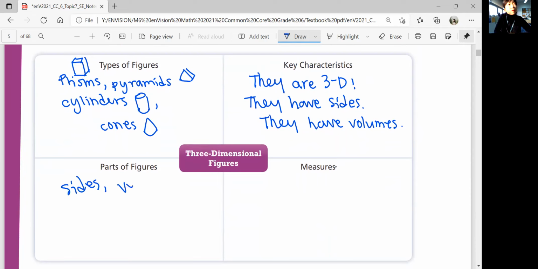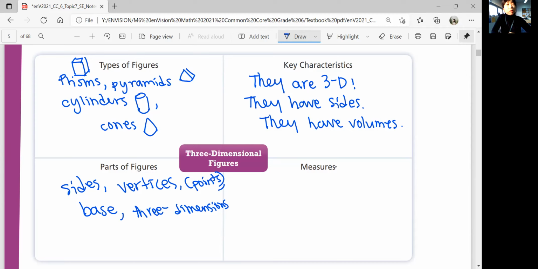You also have vertices, like points. What else? But then you have like base, sides, and then you have 3 dimensions, like the width and the length and the height.